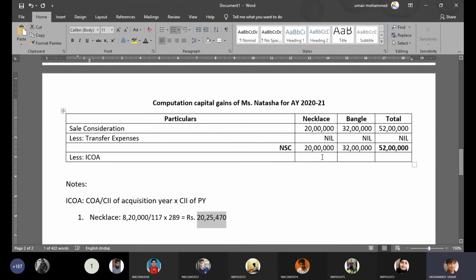This is the indexed cost for the bangle.